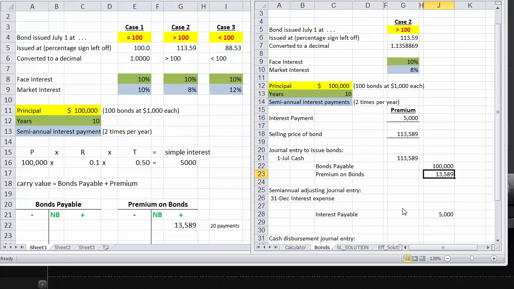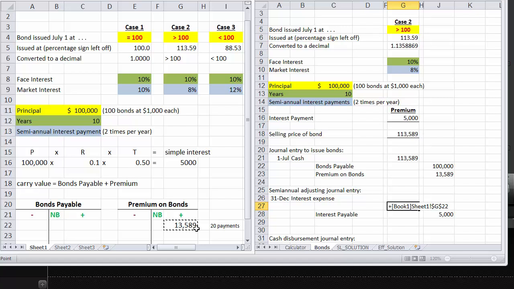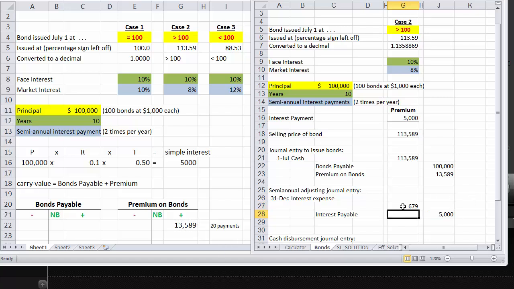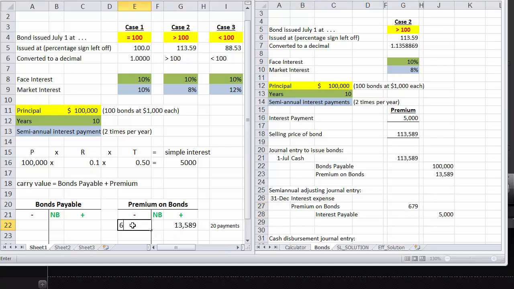So $13,589 divided by 20 gives us a grand total rounded to the nearest dollar, $679. So that will be our amortization to our premium account. So the premium on bonds will be debited $679, which is actually a decrease to the premium account.